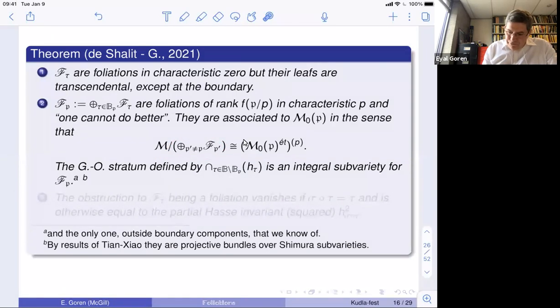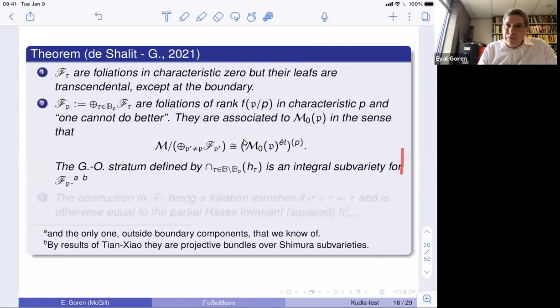In fact, certain integral subvarieties of those are higher dimensional analogs of those blue and red curves that I drew before. There are certain strata defined by Otto and myself, which can be described in terms of those partial Hasse invariants H_τ, and those are the only ones that we know outside boundary components.